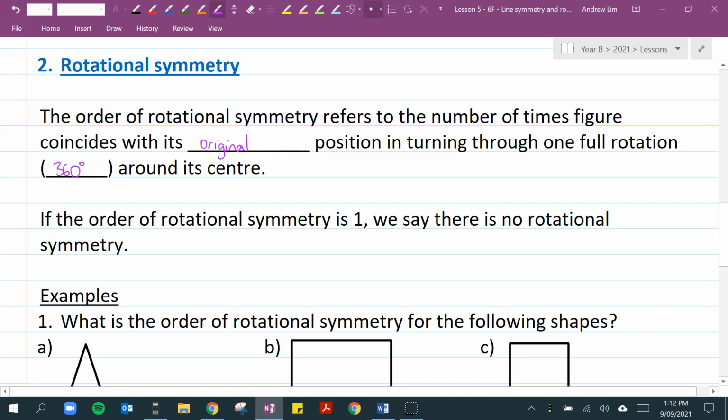If the order of rotational symmetry is 1, then we say there is no rotational symmetry. So after rotating it one full revolution, if it only looks exactly the same after you've done the one full revolution, then it has an order of rotational symmetry of 1.